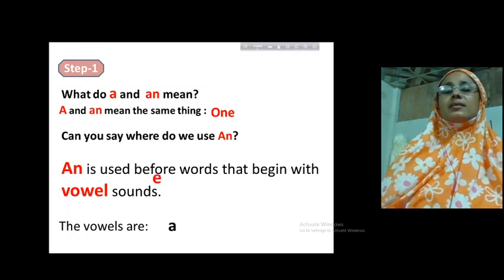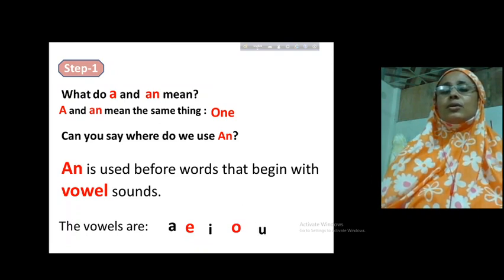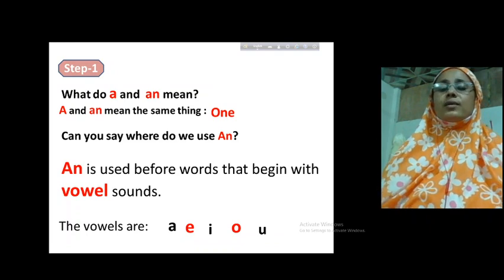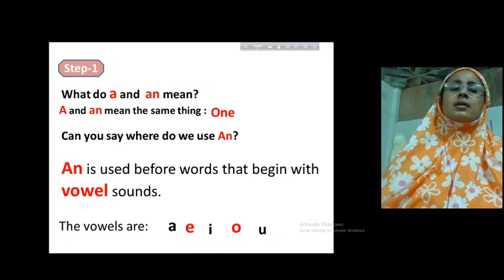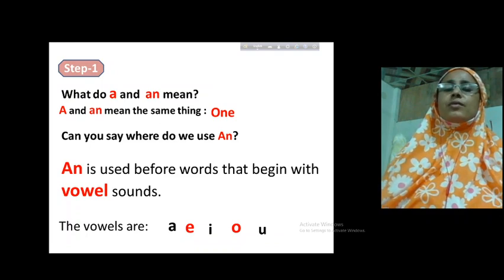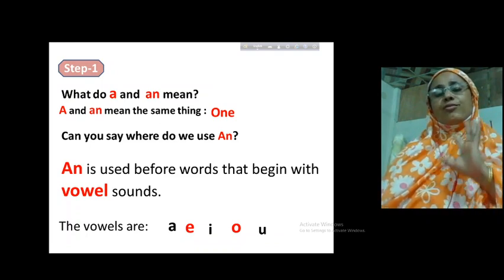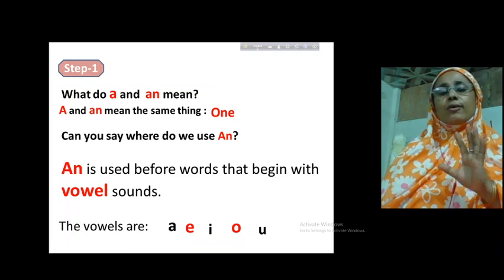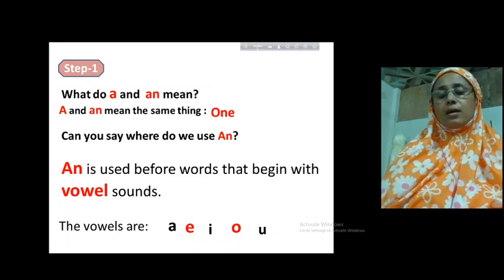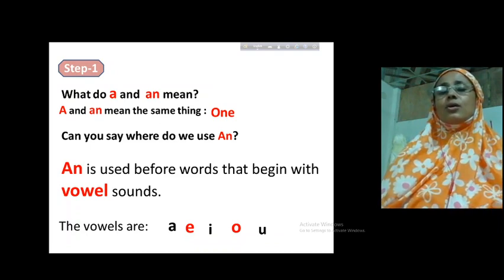A, E, I, O, and U. These are the vowels in the English language. How many vowels? 5 vowels. What are they? A, E, I, O, and U.